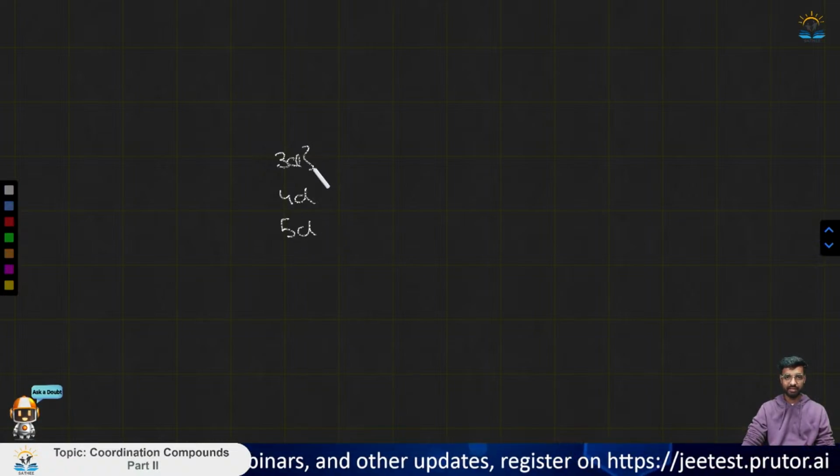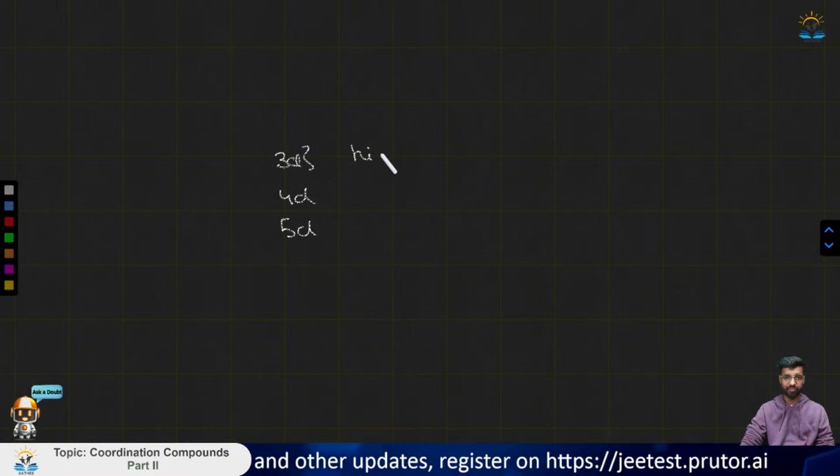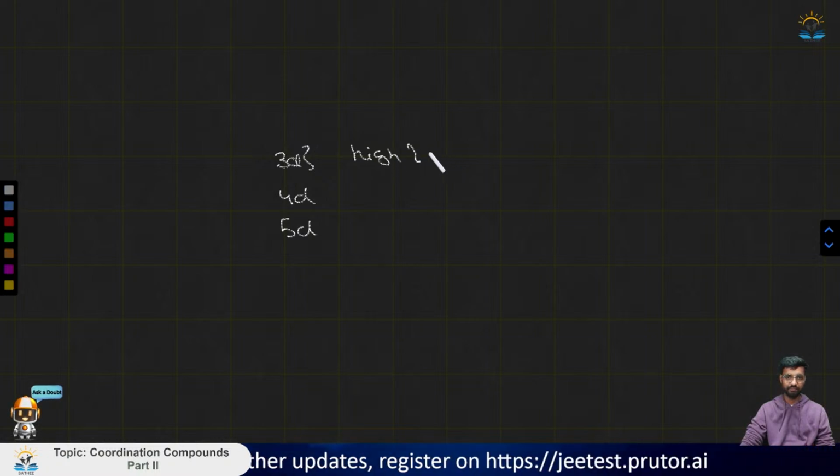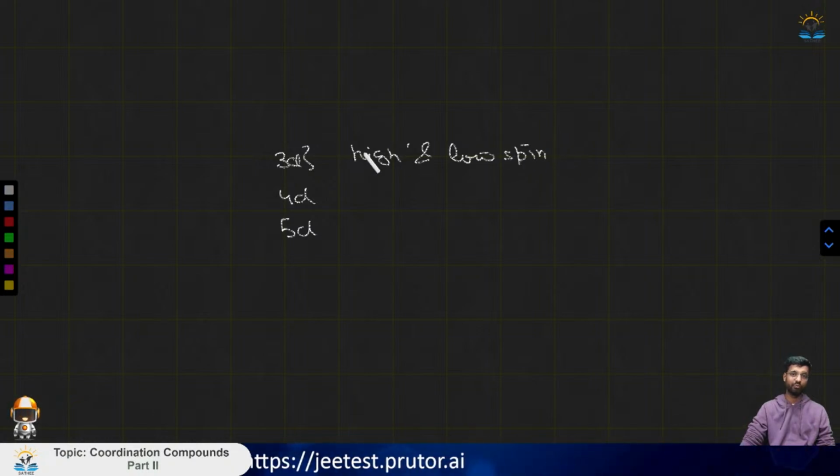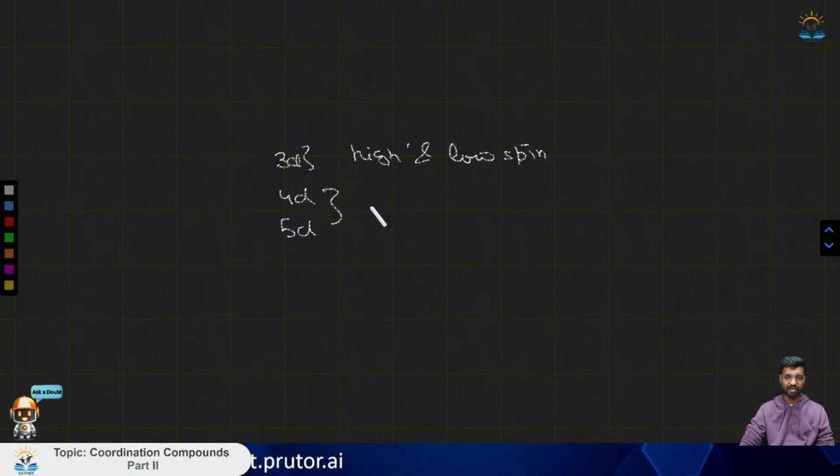The 3D series has cases of high spin and low spin. But for 4D and 5D, all of the complexes formed are generally, I am saying the word generally, there may be some exceptions, low spin complexes.